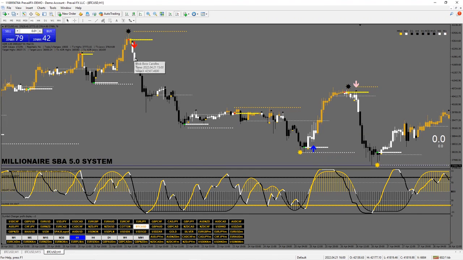So you wait for that candle to close, and then you get in. Let me repeat that. You see the arrow pointing at this white candle over here. You're going to wait for that to close, and then you get in.